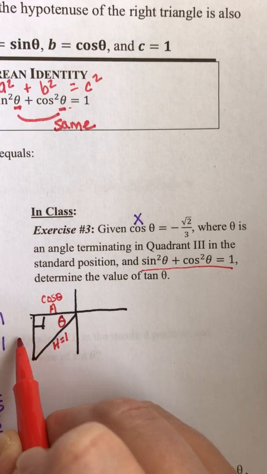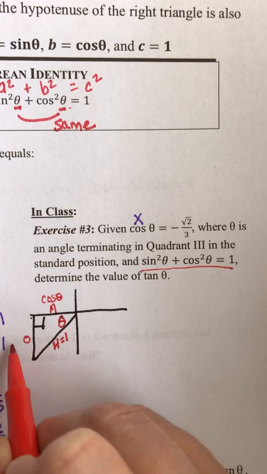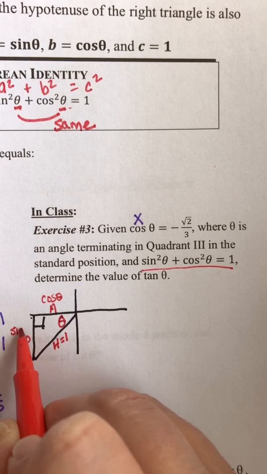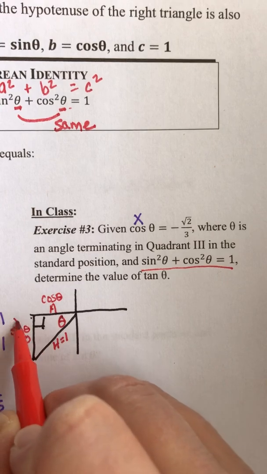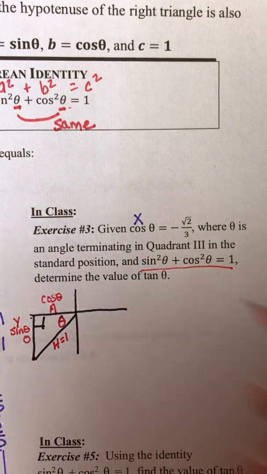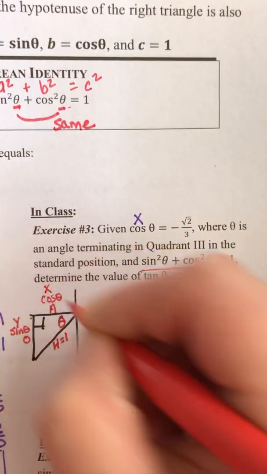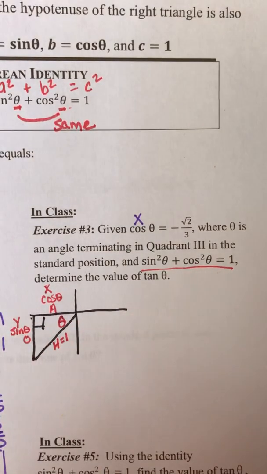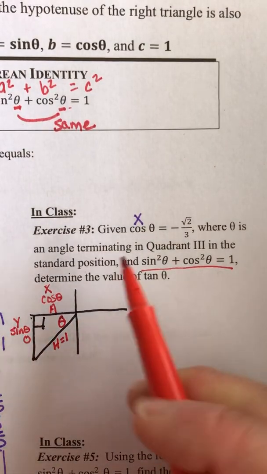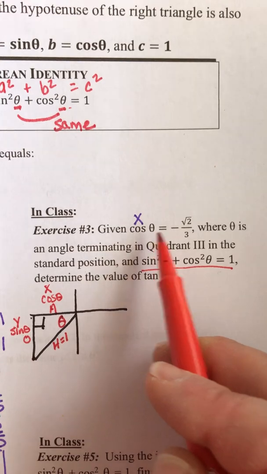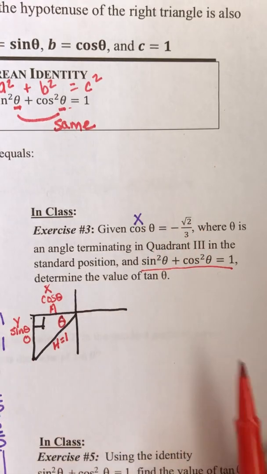Opposite, this is my opposite side. And the opposite goes with sine value. And the sine is associated with the y value, and the cosine is associated with the x value of the sides of the triangle.